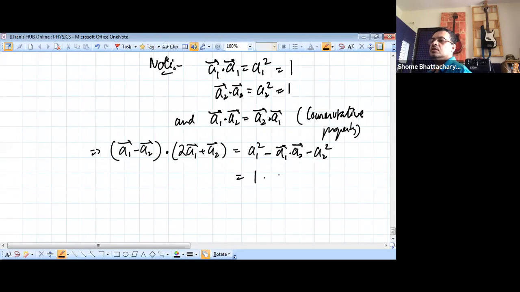So E1 square is 1. This will become cos theta minus 1. So this will become minus cos theta, which is nothing but minus 1. That should be a final answer.